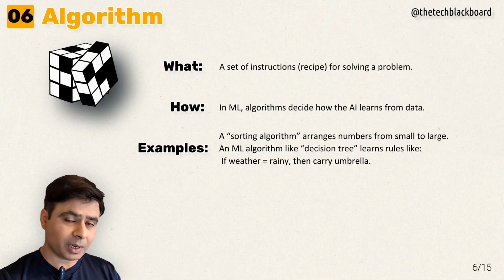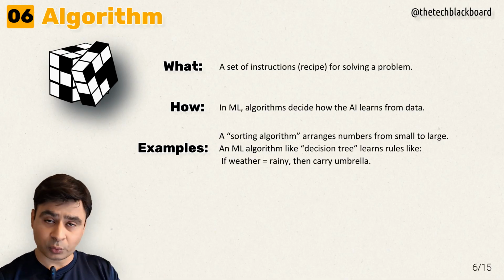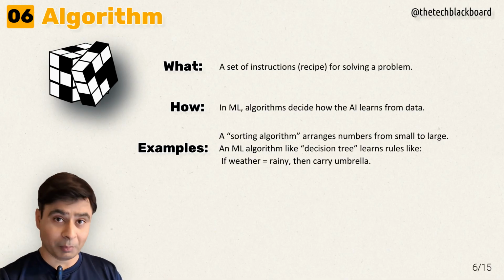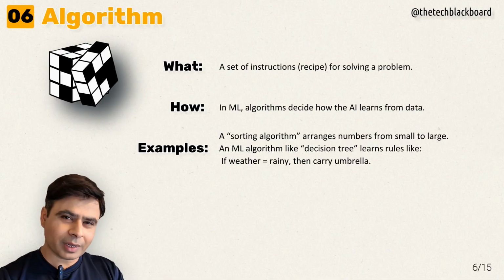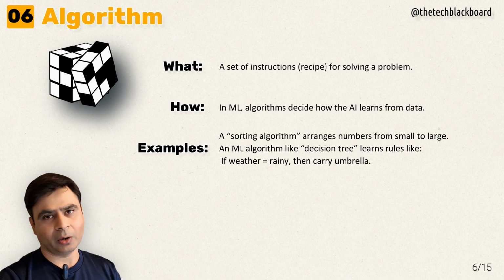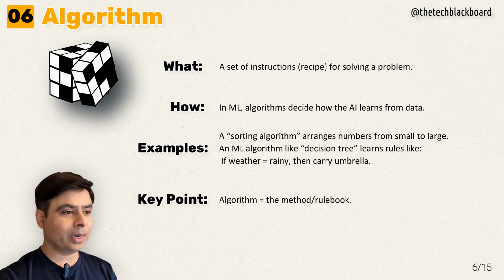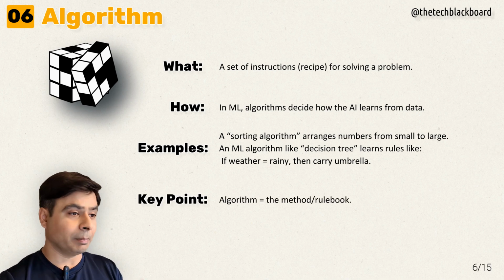For example, if it is raining, then you carry an umbrella. Those kinds of if-else intelligence are also part of algorithms. So what is the key point? You can think of an algorithm as a method or a rule book.